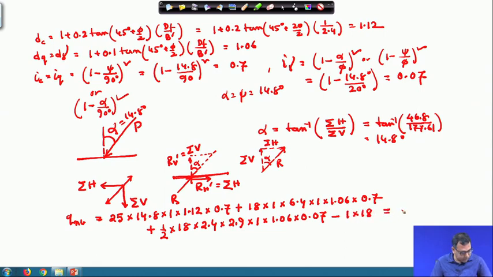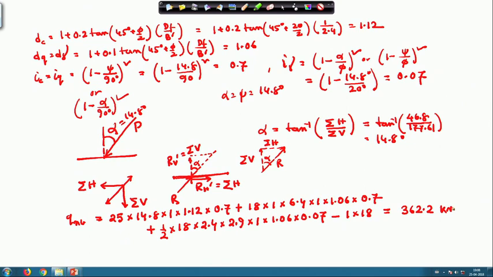So, that is equal to 362.2 kilonewton per meter square. Okay. And so, this is the stress.